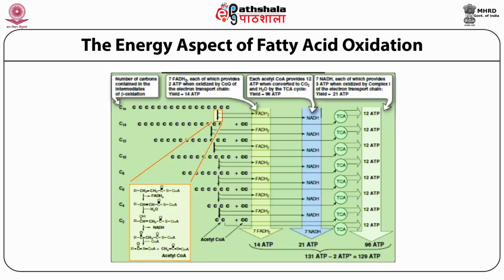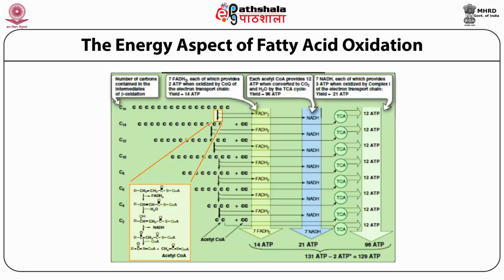We can see the number of carbons contained in the intermediates of the beta oxidation. Also, the number of FADH2, which provides ATP when oxidized by coenzyme Q of the electron transport chain.